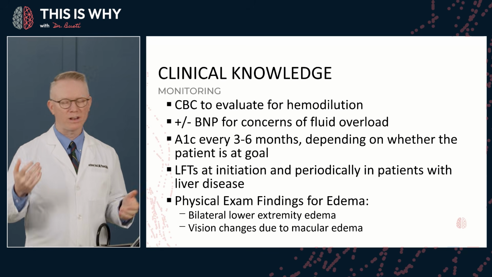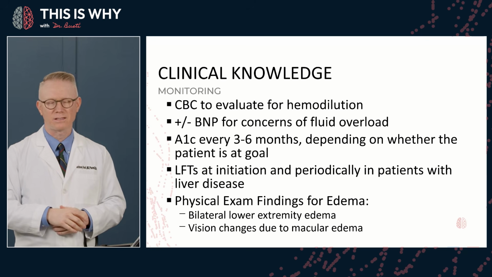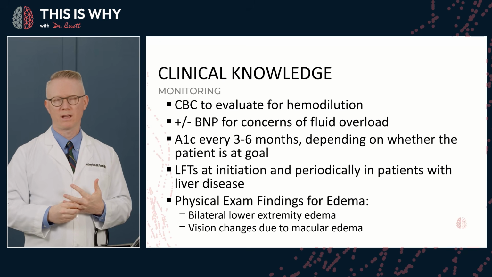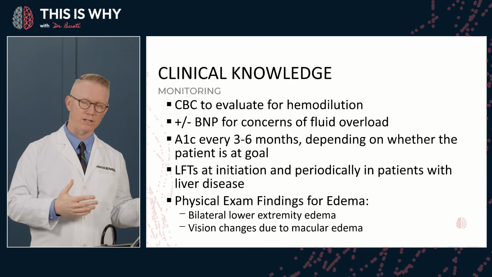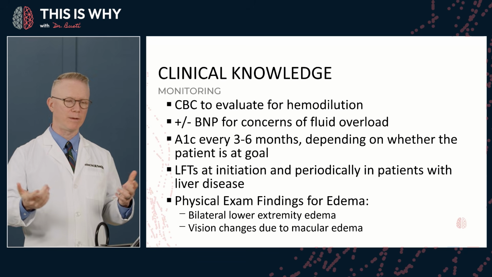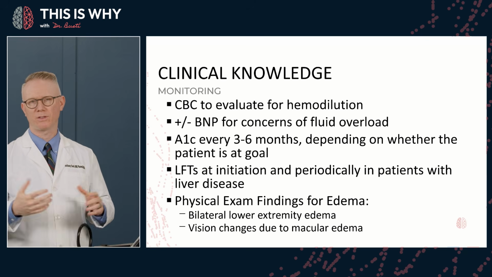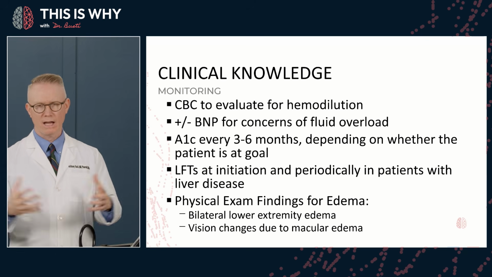Liver function tests or liver enzymes, remember that's a black cloud that hangs over the entire class, really low risk compared to the older agents that are now gone. And then physical findings of edema, like lower extremity edema, or if they have vision changes, that macular edema, those are things that guide us.